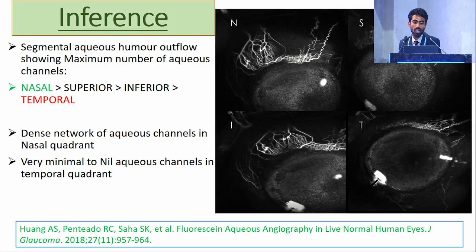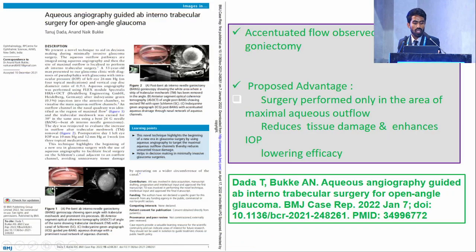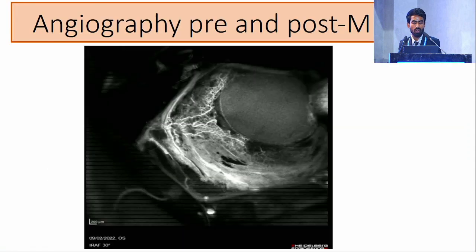So segmental aqueous outflow is noted, maximum in the nasal quadrant and low to very low at the temporal quadrant. This is a paper we published in the British Journal, showing that actionable outflow is noted after goniectomy in the area of maximal aqueous outflow, with minimal tissue damage, and it enhances the IOP lowering efficacy.